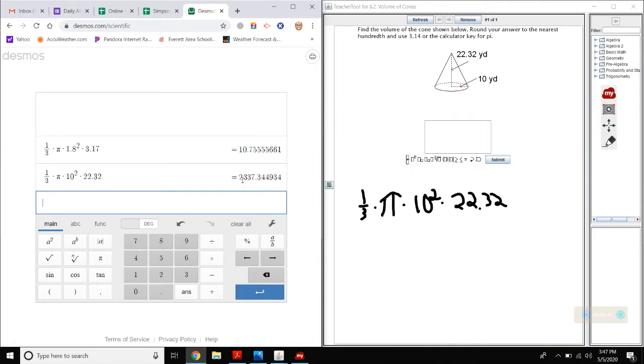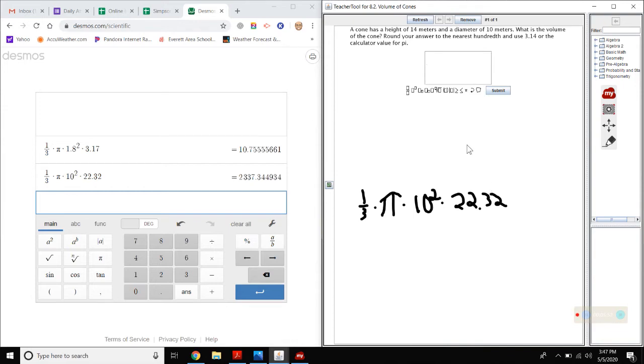And my answer, 2,337.344. I'm rounding to this point, so I look here. It's less than 5, so it stays the same. 2,337.34, and that's in yards. And again, dealing with volume, the units are cubed. Excellent.